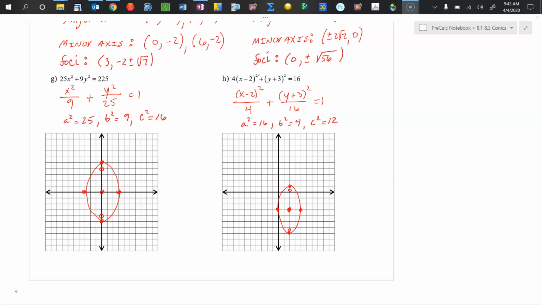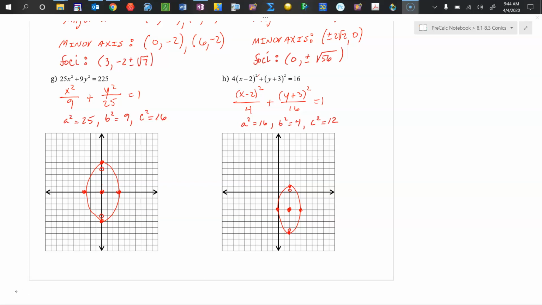As you can see, when you put G into standard form by dividing each term by 225, you get x squared over 9 plus y squared over 25 is equal to 1. So we know we have an ellipse with the center at 0, 0. We know that a is equal to 5, b is equal to 3, and c is equal to 4.